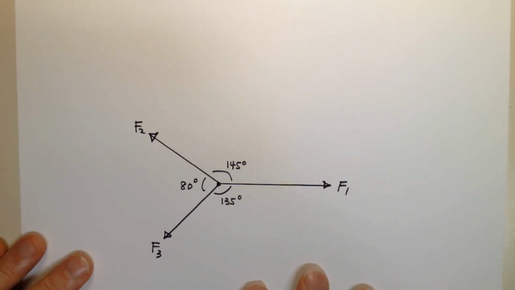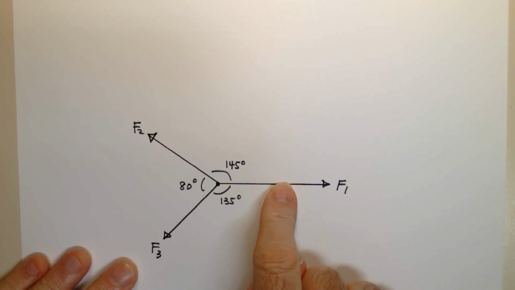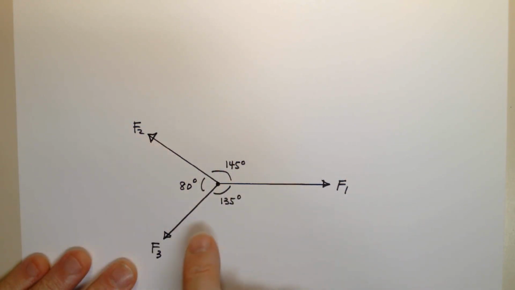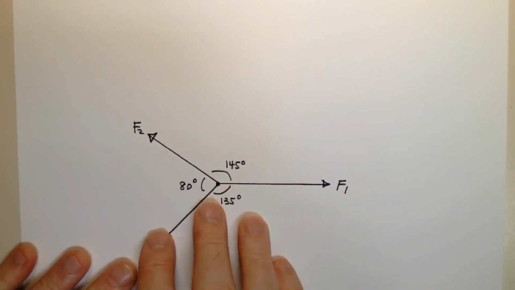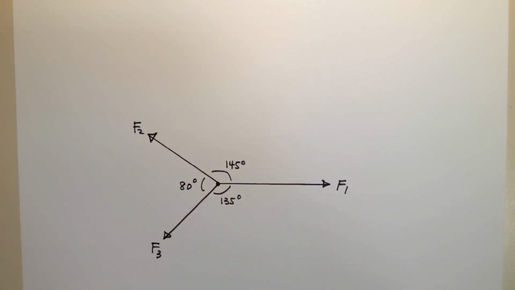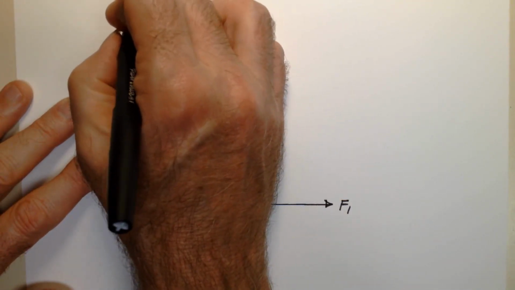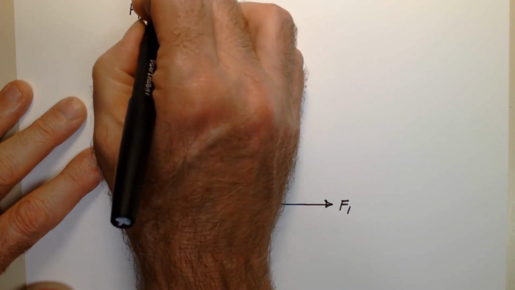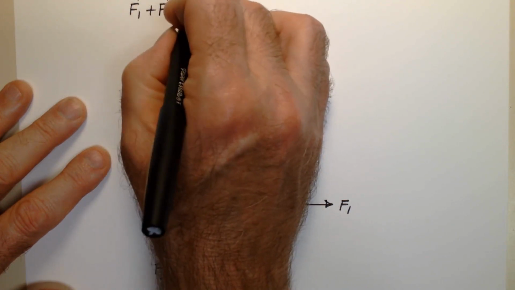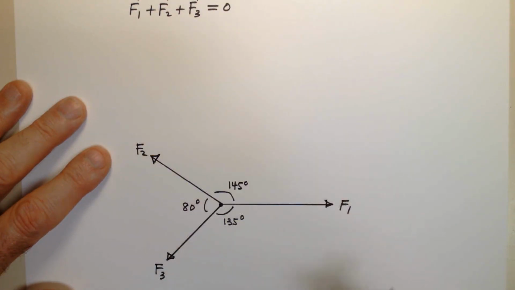So we have some kind of situation like this. We've got tension in rope 1, tension in rope 2, and tension in rope 3. And these three vectors have to add to 0 because that's what it means to be in equilibrium. So fundamentally what's going on here is that F1 and F2 and F3 have to add up to the 0 vector.